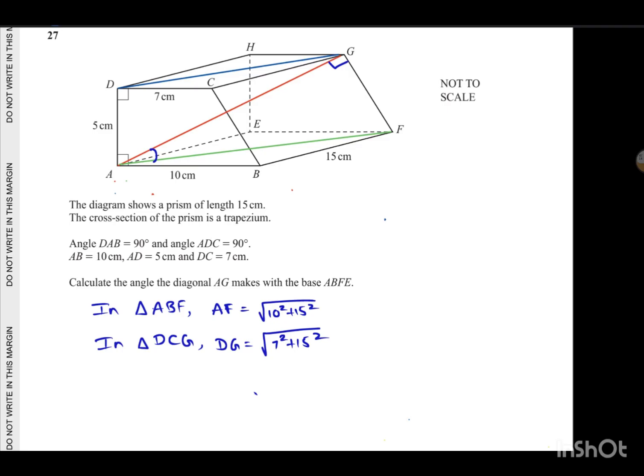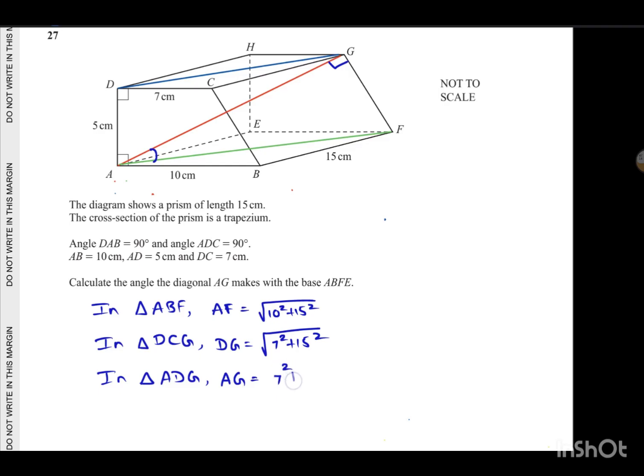Now taking DG and AD, again take another triangle. In triangle ADG, AG is the hypotenuse now. So that will be equal to square root of 7 square plus 15 square plus 5 square, or else you will have to take it without the square root first.